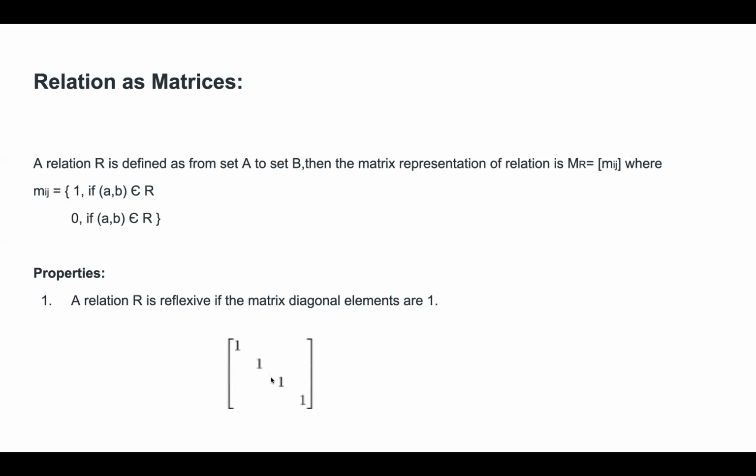Here 1 is there four times in the diagonal places, so this relation is known as a reflexive relation. Why? Because here we can see Mij is equal to Mji. If it is the case, then only the 1 will be here and this property will be satisfied. That is reflexivity.